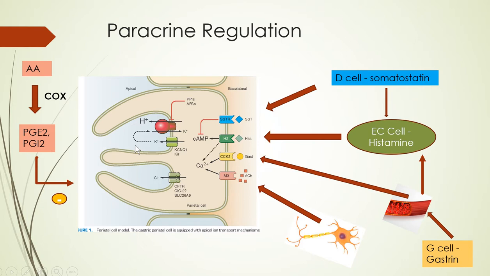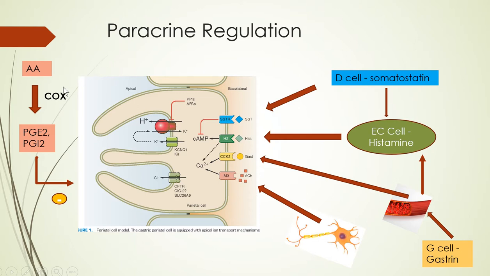So paracrine regulation is clear, right? So D cells and prostaglandins decrease gastric acid. Enterochromaffin cells, G cells, and parasympathetic stimulation increase gastric acid secretion. Now, you must have heard about NSAID drugs, Brufen, diclofenac.